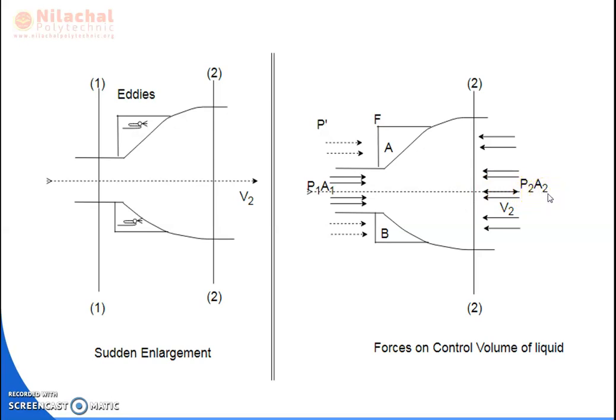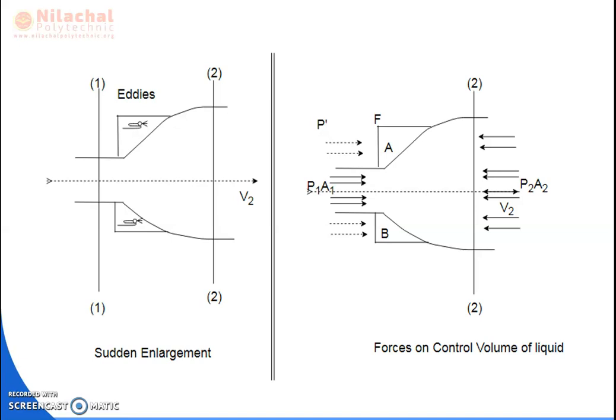If V1 is the velocity of water at inlet and V2 is the velocity at the outlet or exit, then the loss of kinetic energy in the pipe can be given as a function of velocity: hf is equal to (V1 minus V2) whole square divided by 2g.